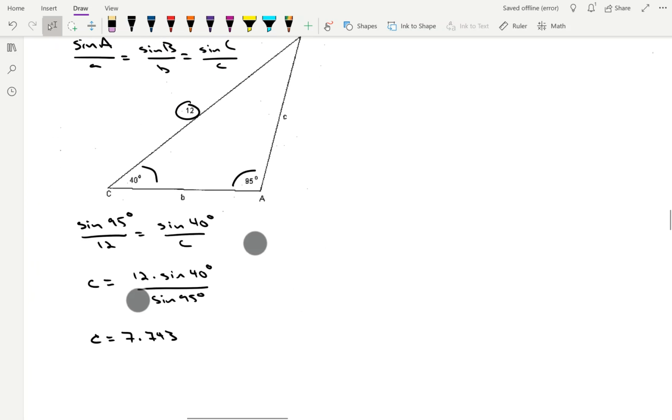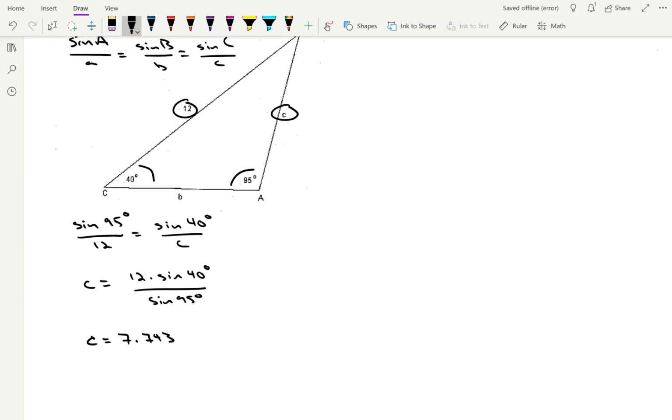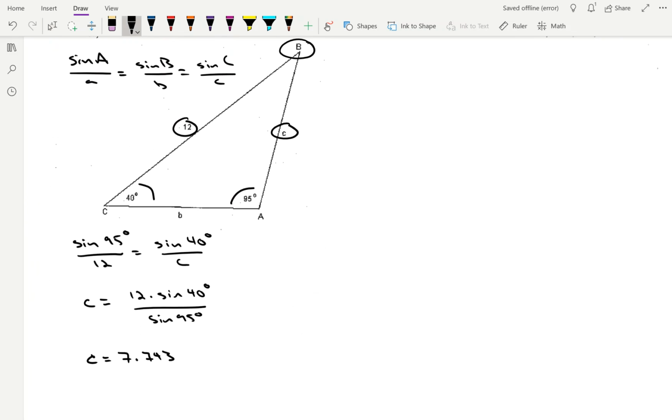Okay, so what do we have? We have c. We have to go get B, so we can get that angle B pretty easily. That's just 180 minus 95 minus 40. Okay, and if you do the math there, 180 minus 95 minus 40 is 45. Okay, so now you have this guy done.